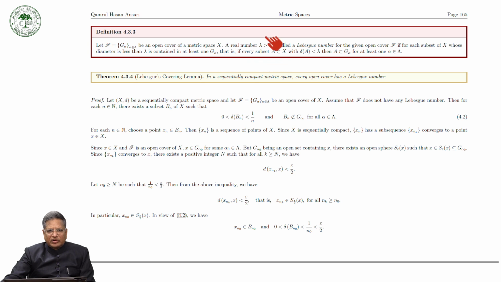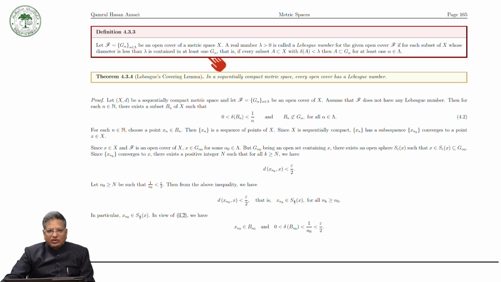Then a real value lambda greater than 0 is called a Lebesgue number for the given open cover if each subset of X whose diameter is less than lambda is contained in at least one G alpha.